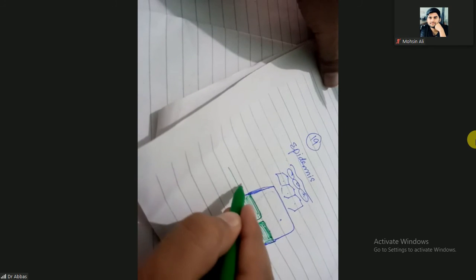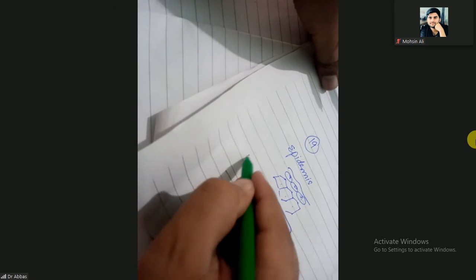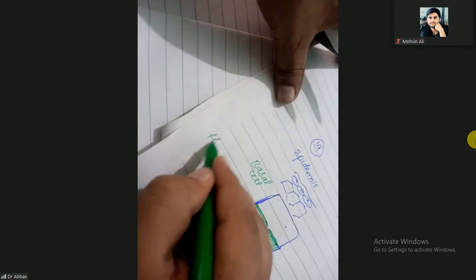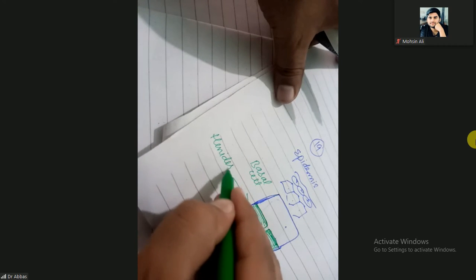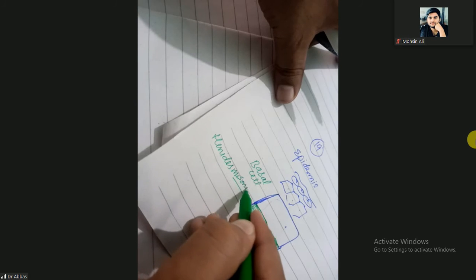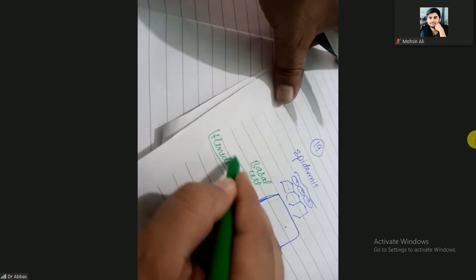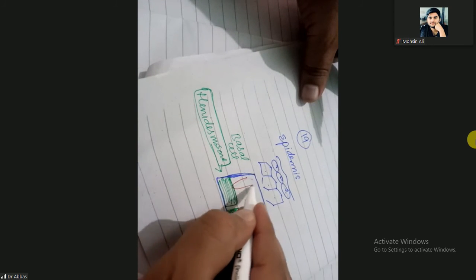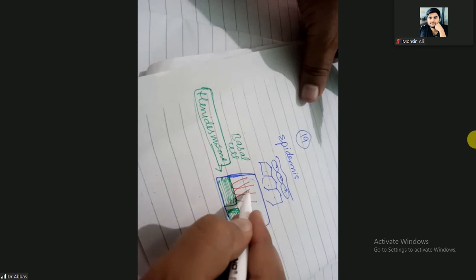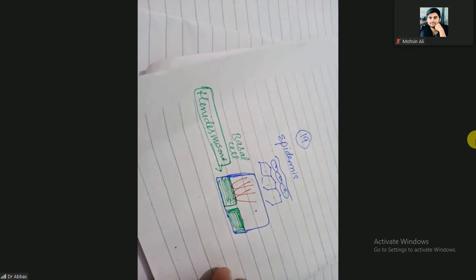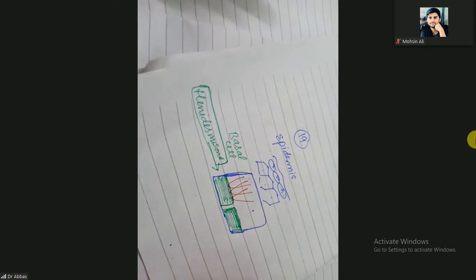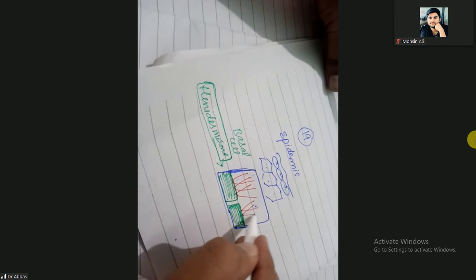This is the columnar or basal cell and it has the hemidesmosome, which is protein. In this cell there are filaments, these are keratin filaments, the intermediate filaments, tonofilaments.